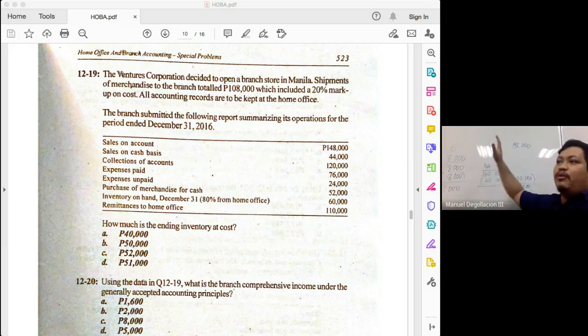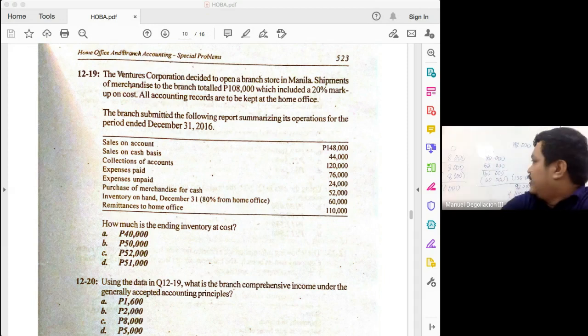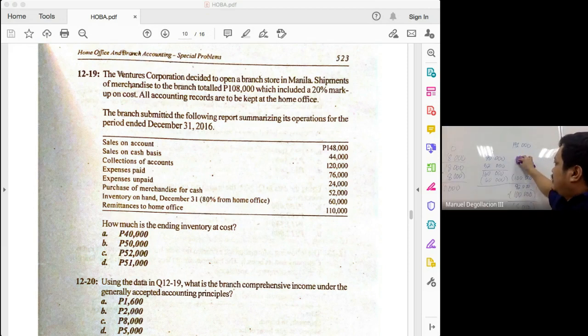Our alternative solution will be to use the true cost for everything. How much is the true cost of the 108,000 shipments, class? 90,000. Okay, and then the 52,000 is the purchases that is already at cost.